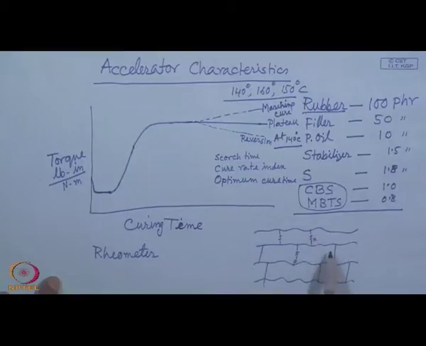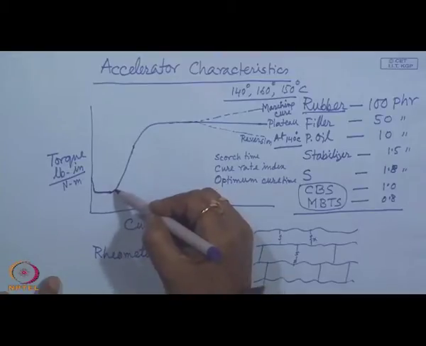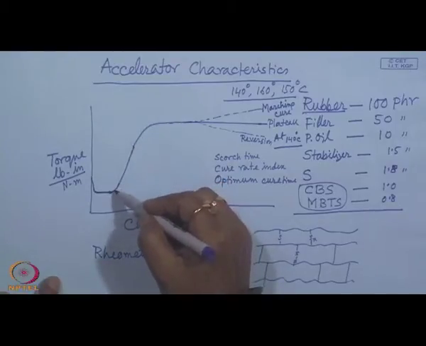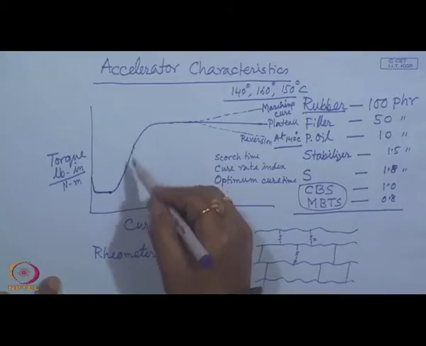This starts here, the introduction of such cross-link bond, sulfur intermolecular linkage bond formation starts at this point of time. Then slowly the number of these intermolecular bonds increases and this torque goes rising this way. That means, the curing reaction or cross-linking reaction has started over here and it is increasing at this rate.